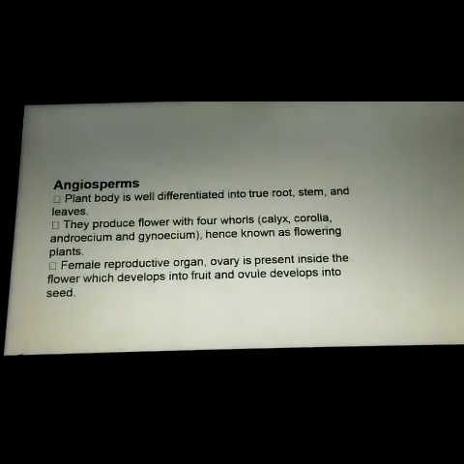Next, coming to the angiosperm. The plant body is well differentiated into true root, stem and leaf, and in this case they produce flowers with 4 whorls, that is calyx, corolla, androecium and gynoecium, and they are known as flowering plants.